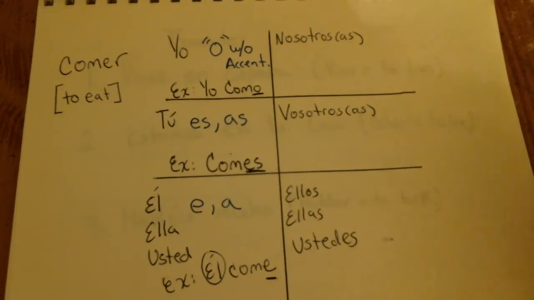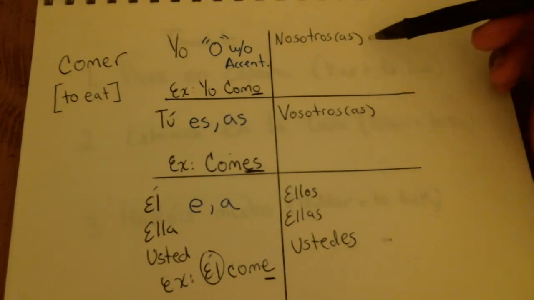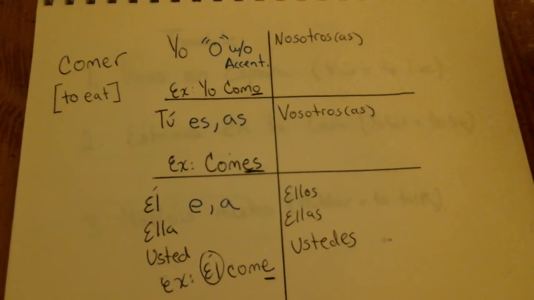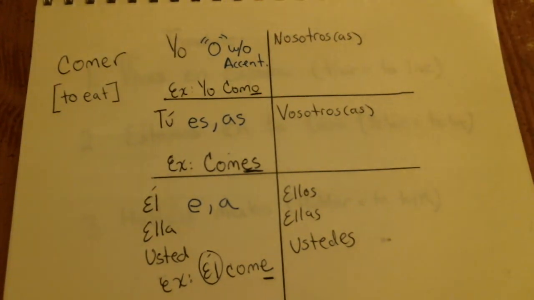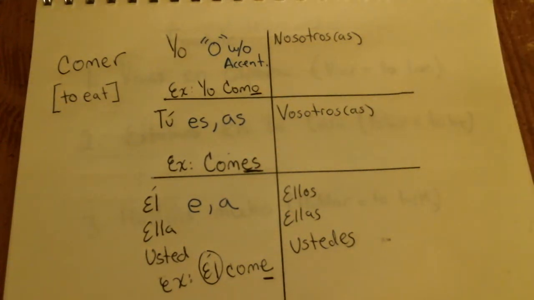All right. Now let's move on to nosotros or nosotras. I put the "as" in parentheses over here so that you could know that it can be feminine. Now, typically an ending in the nosotros or nosotras form, which again, if you look at your notes, that means "we."